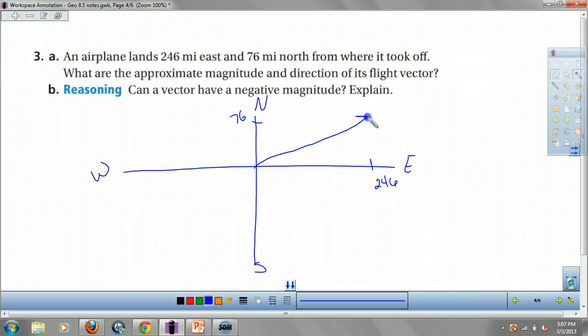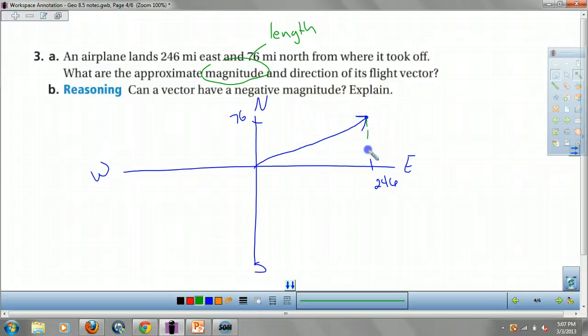So this would be about what my vector looks like. Now we need to find magnitude and direction. Magnitude is a fancy word for length. So we need to find the length of this beast.